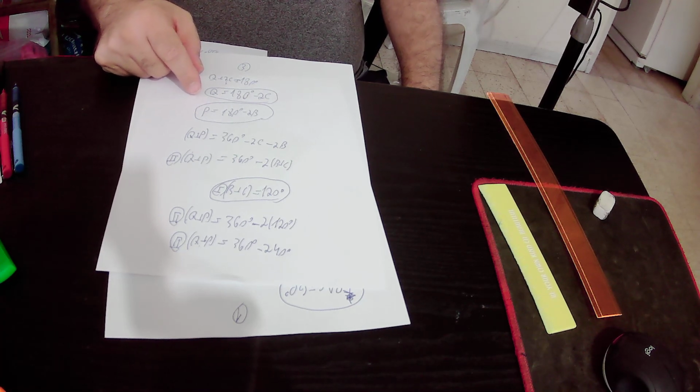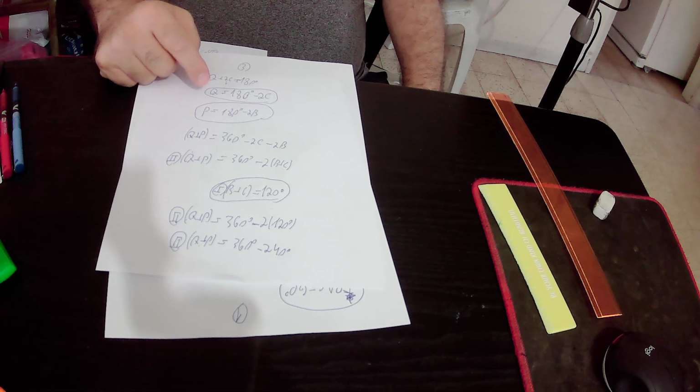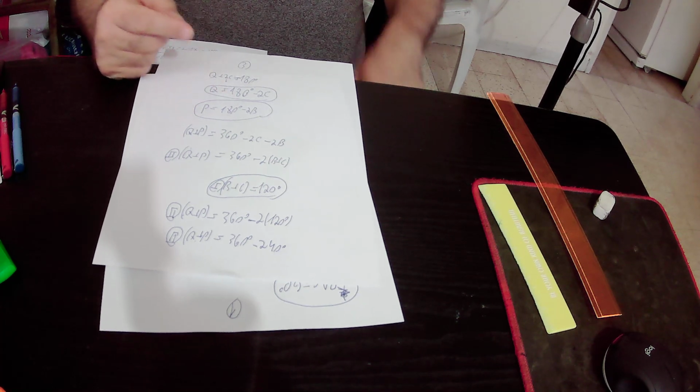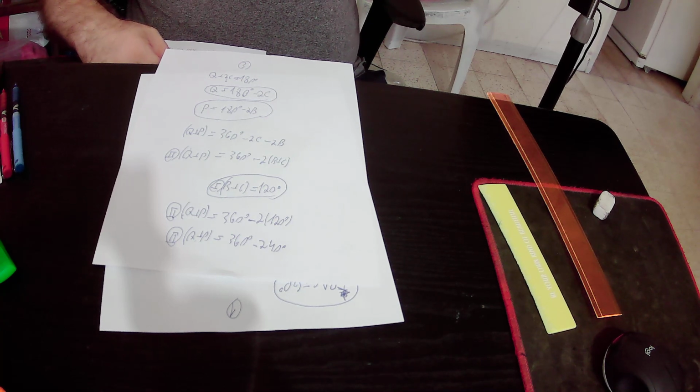So we added Q to P and we found out that Q plus P equals, we did this calculation, and we found out that B plus C equals 120 degrees.